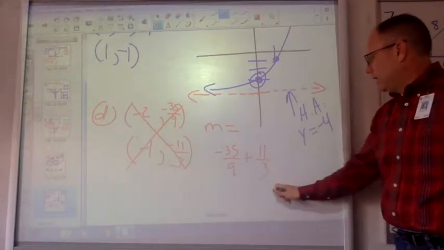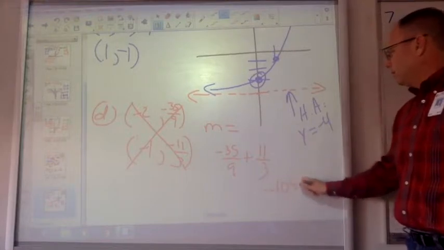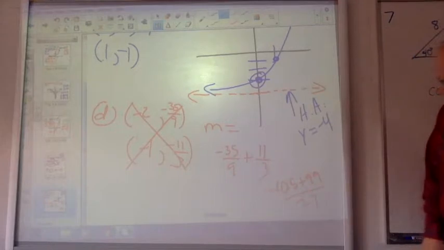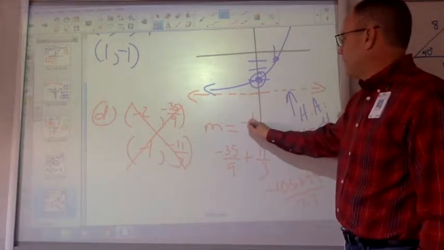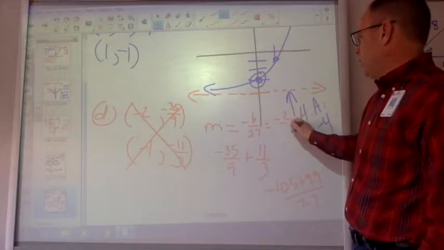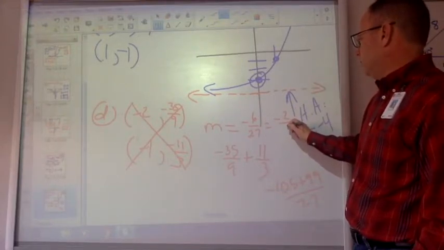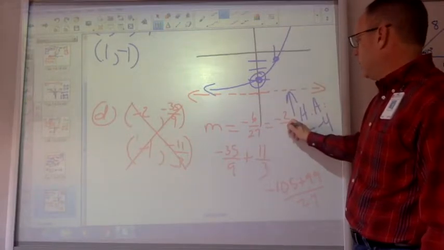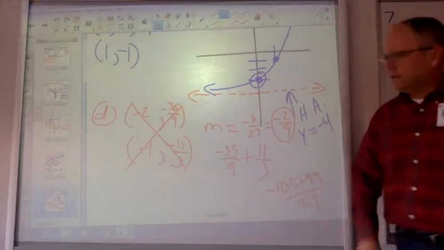Doing my fancy way, you get negative 105 plus 99 over 27. So I'm going to get negative 6 over 27, which reduces to negative 2/9. Yikes.